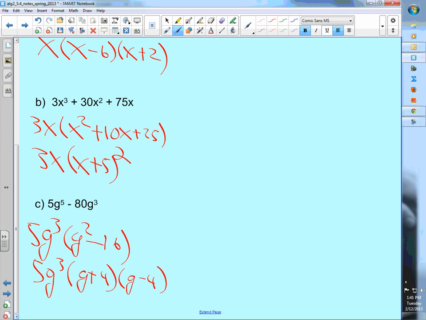If you don't know borrowing from the clouds or PSTs or difference of 2 squares, you've got to come in and get it. You've got to print out the factoring review and come in with it in your hand and say, Mr. Locker, I'm really struggling with my factoring. If you continue to not do that, like I told you, this is your last chapter. After this, you won't be able to bounce back.